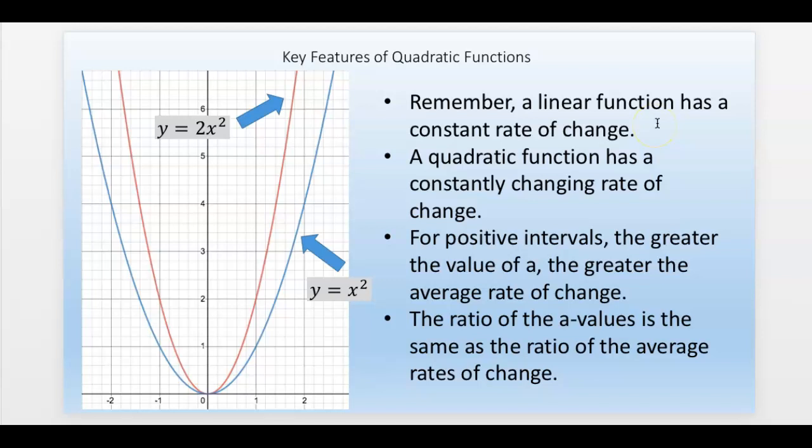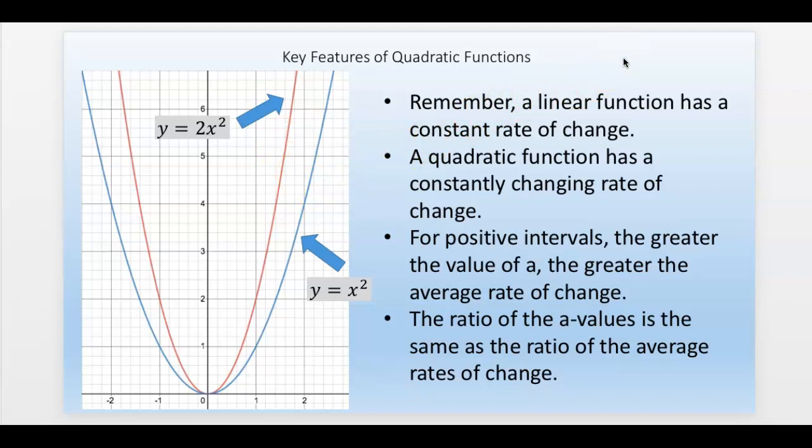Now, I want you to take a look at these two functions. This one is 2x squared, and this one is just x squared. Look at just the positive side here. For any interval between any two x points, if we measure the slope of the lines at the intersection of these curves, the slope would be twice as steep for the red function than the blue one.